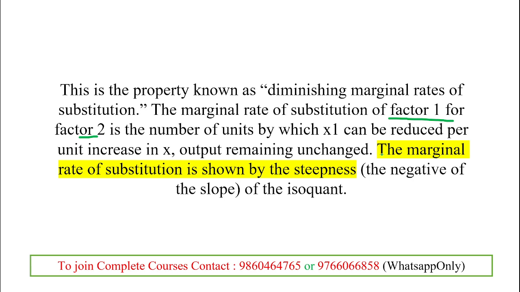An important point that I highlighted here: the marginal rate of substitution is shown by the steepness of the isoquant. Steepness means flat or steep, as we studied in the graph for the isoquant. The steepness of the isoquant gives the marginal rate of substitution, that is MRS, which is the negative of the slope.